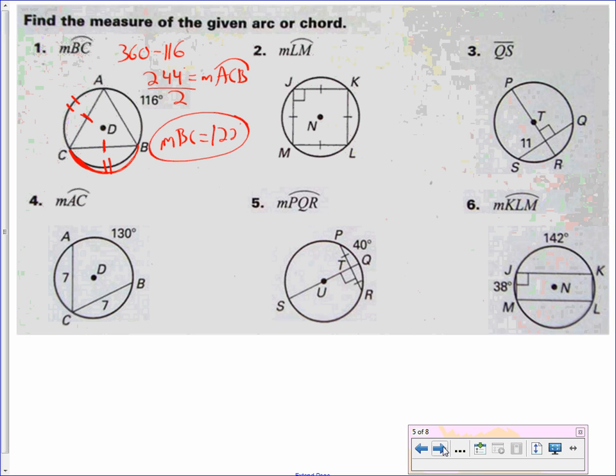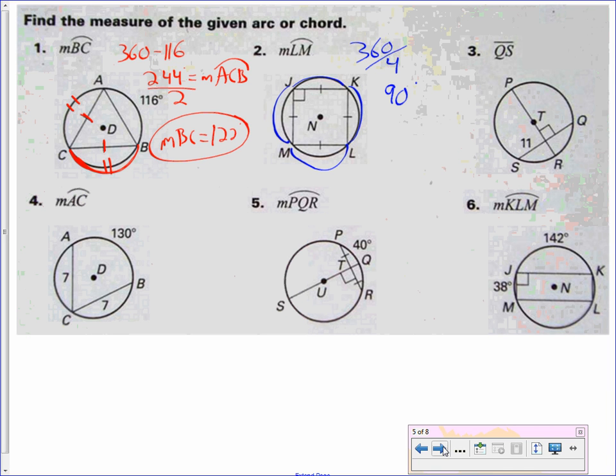All right, question number 2. We have 4 congruent chords in here. So this arc will be equal to this arc, will be equal to that arc, will be equal to that arc. That's just 360 divided by 4, which is 90 degrees. That is each of those individual arcs.